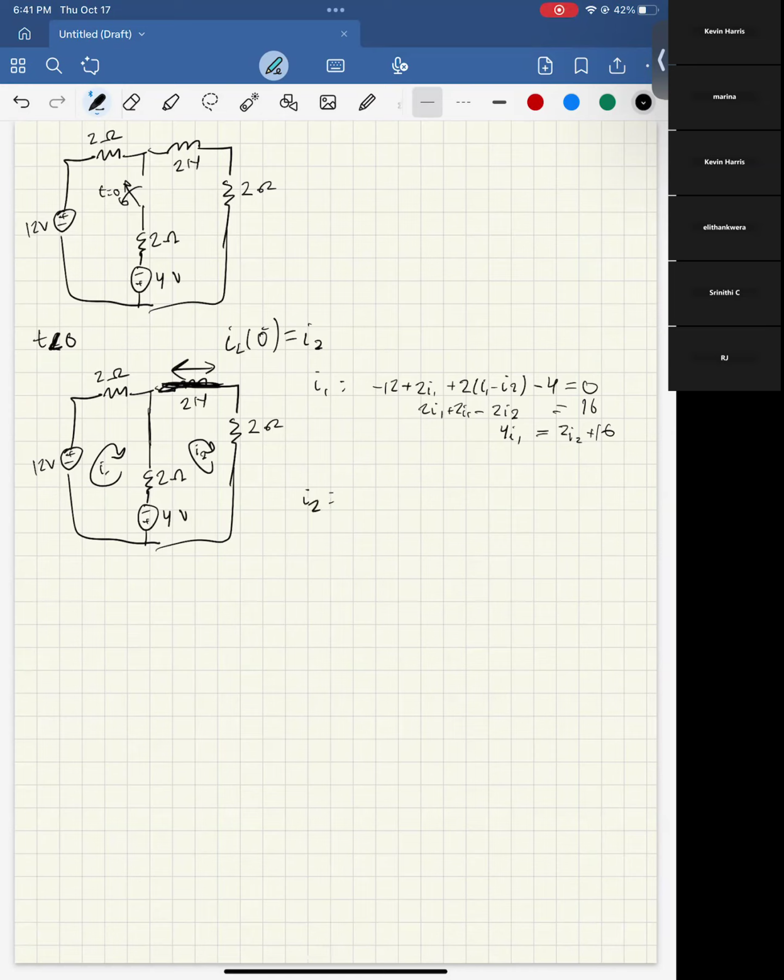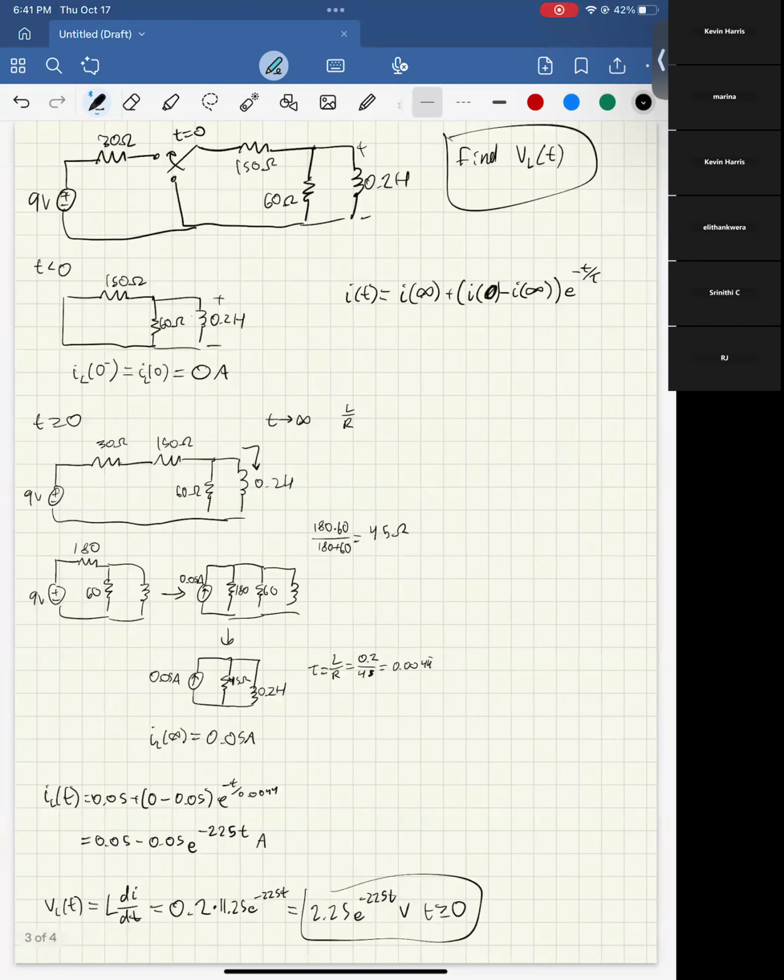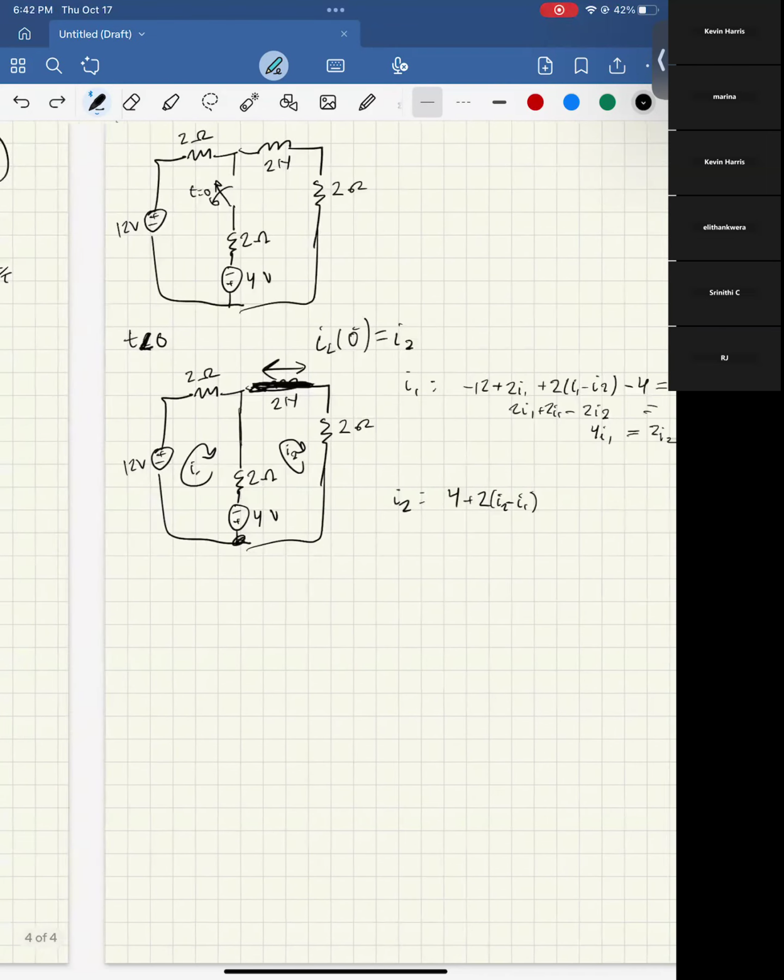So for the next equation, we have very similar stuff. I'm going to start here. So we have 4 volts plus 2I2 minus I1. And then here, this is just a wire because we're at the steady state condition. After a long time, the current is not changing anymore. And since this is the equation for the voltage, if there's no change in current, there's no voltage.